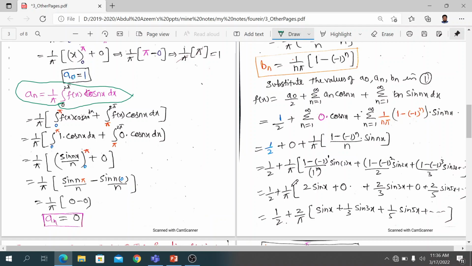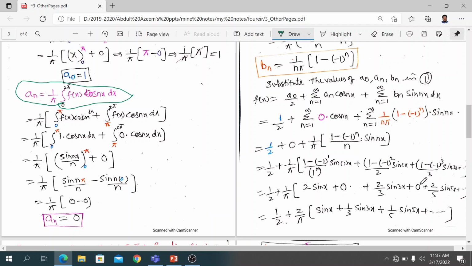So 1 by 2 plus 1 by pi, minus into minus plus, 1 plus 1 is 2 by 1, 2 sin x, plus 1 minus minus 1 whole square, 1 minus 1 is 0, 0 into something 0, plus minus 1 whole cube, minus 1. So minus into minus plus, 2 by 3 sin 3x. Likewise even terms are 0, only odd terms will remain.